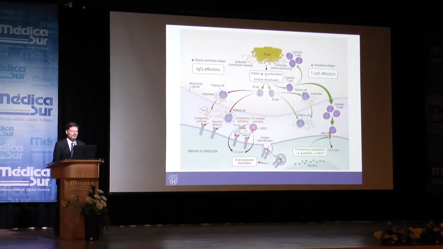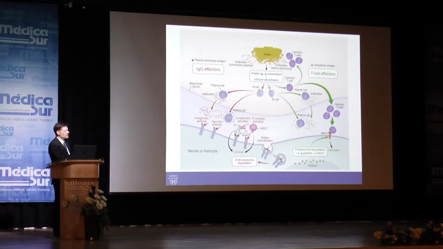And this is a schematic diagram that gives some principles about antigen presentation from a tumor being kind of a unifying principle here that leads to immune responses that, broadly speaking, follow one of two paths, either the T cell effector path or the B cell effector path with immunoglobulins.